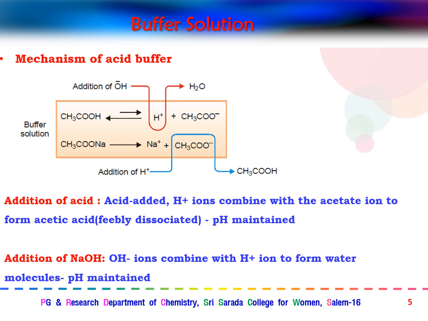Now, let us illustrate the mechanism of buffer action by taking the example of a common buffer system consisting of a mixture of solution containing acetic acid and sodium acetate. Here, the pH of the buffer is governed by its equilibrium, given as CH3COOH dissociating into CH3COO minus plus H plus.